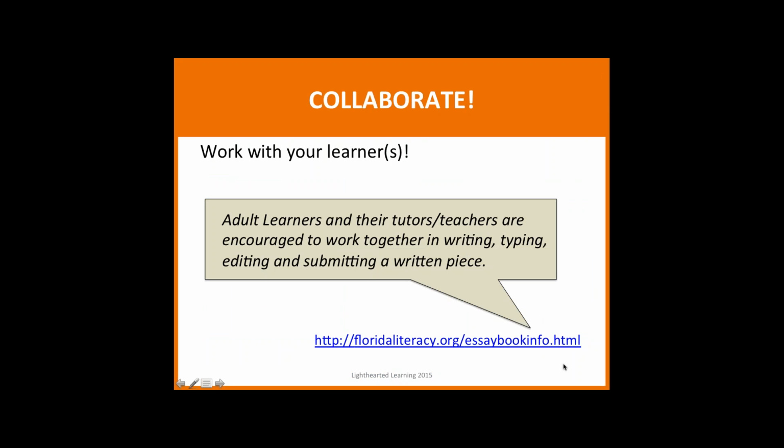So this is an opportunity not for the learner to feel cast adrift, but for you to work together, providing word choice options, helping the learner see models that he or she can choose from for different ways that they want to express themselves in the essay.